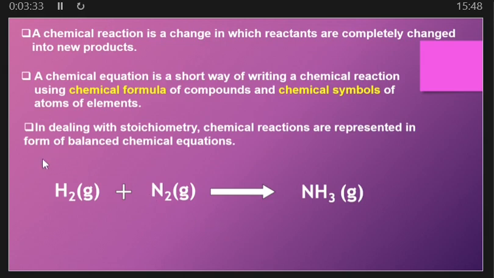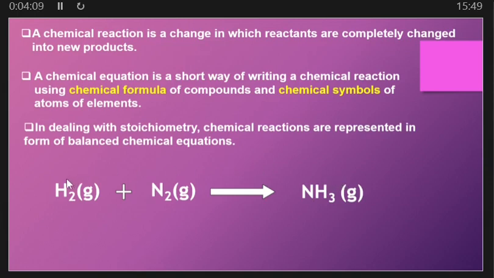The amount of hydrogen atoms on the left side of the equation is not equal to the amount of hydrogen atoms on the right side of the equation. And this is why we need this equation to be balanced. Also, the amount of nitrogen atoms on the left side of the equation is not equal to the amount of nitrogen atoms on the right side of the equation.